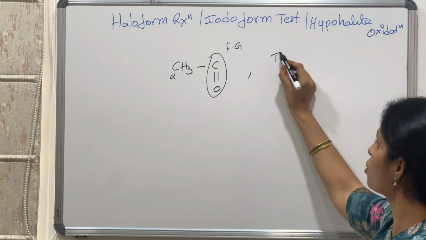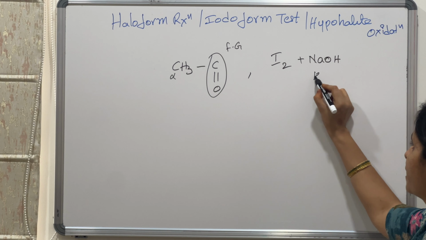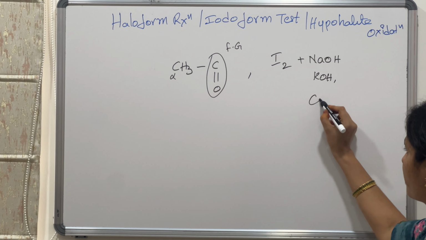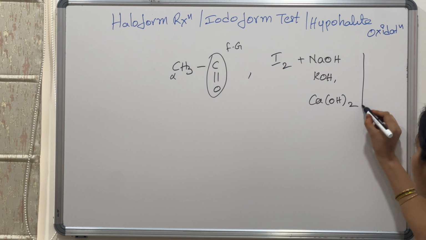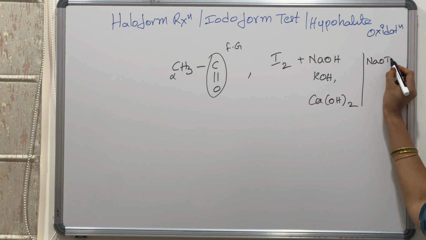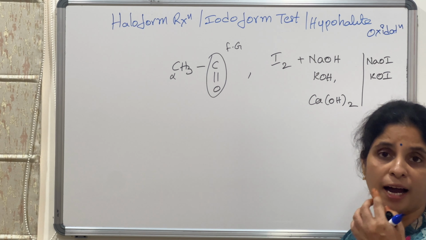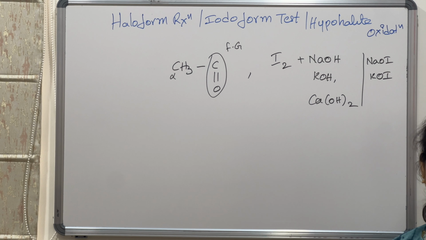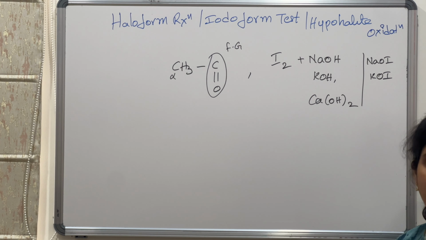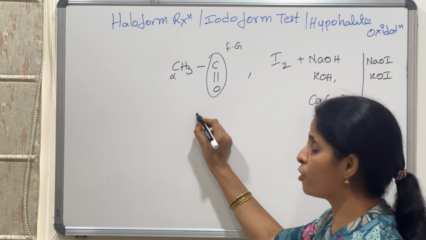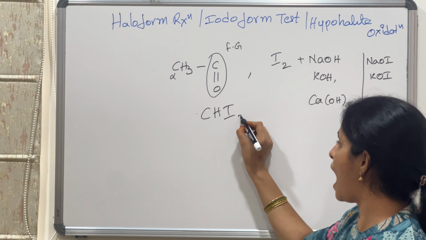In presence of iodine and NaOH or base, here KOH or maybe calcium hydroxide, or NaOI, KOI. Whenever aldehydes or ketones containing 3 alpha hydrogens are treated with iodine in presence of a base, it leads to the formation of a yellow color precipitate which is generally known as iodoform.